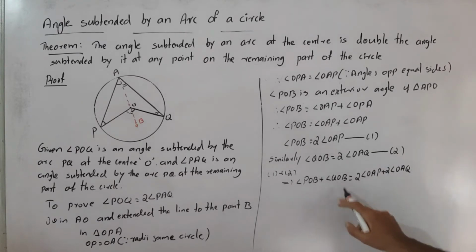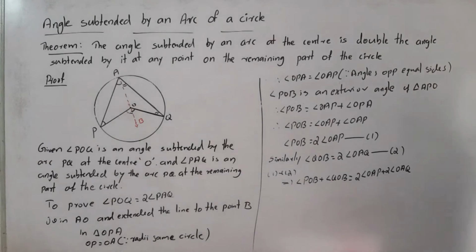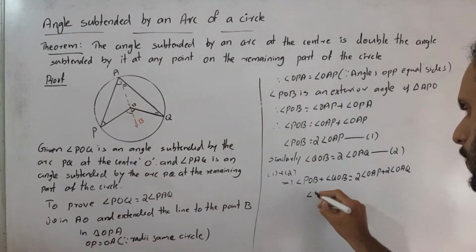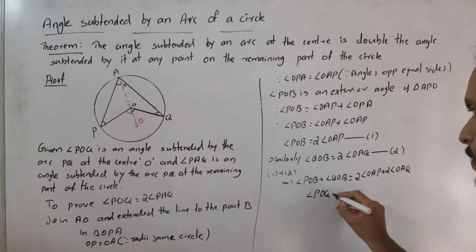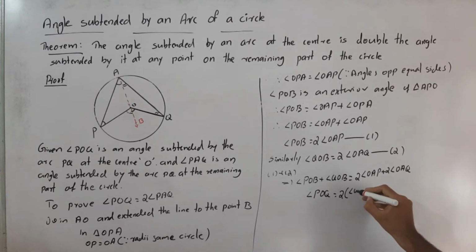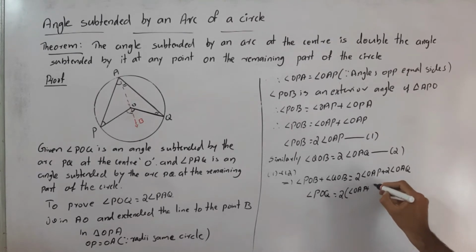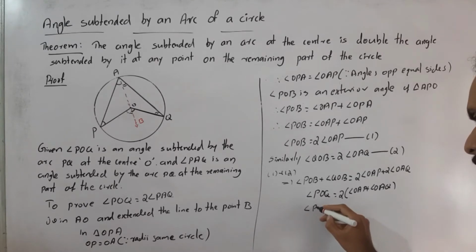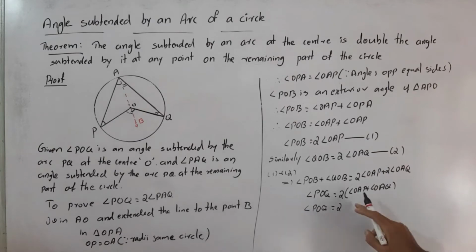So what is angle POB plus angle QOB? Angle POB plus angle QOB is equal to angle POQ. Here the 2 is common, so we take it out, then 2 into angle OAP plus angle OAQ. Angle POQ is equal to 2 angle, what is angle OAP plus angle OAQ?